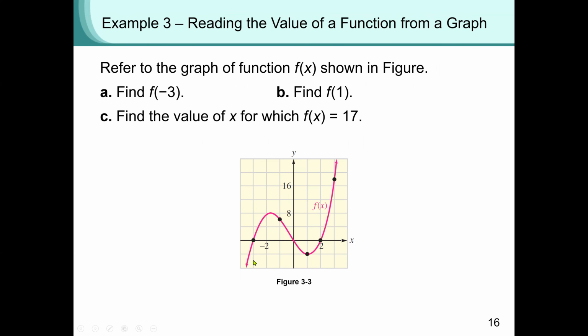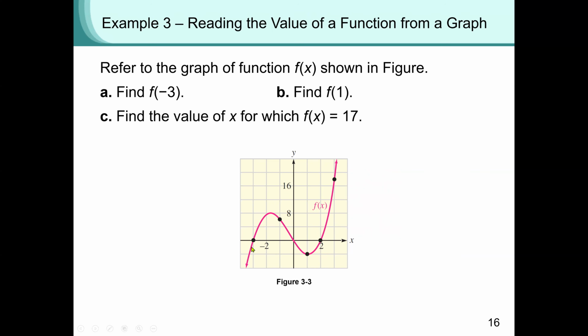So for example, I have this graph here, but I don't have the function of the graph. I don't have the mathematical or algebraic expression of the function. So what I'll do, if they say we should find f at -3, then this means -3 is on the x-axis.